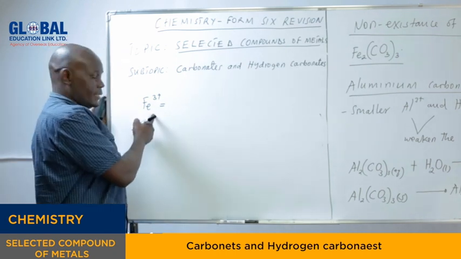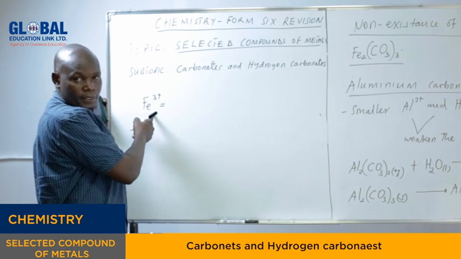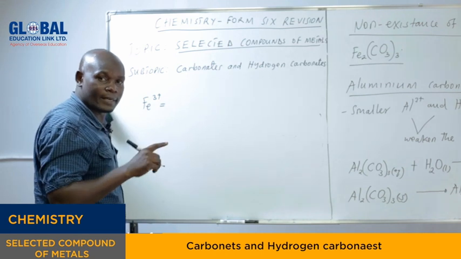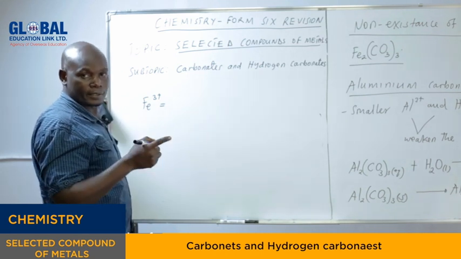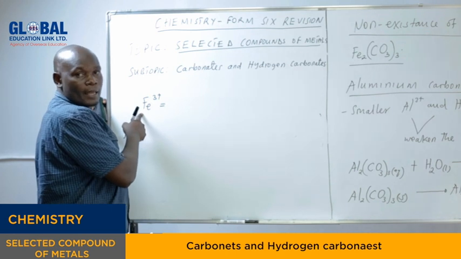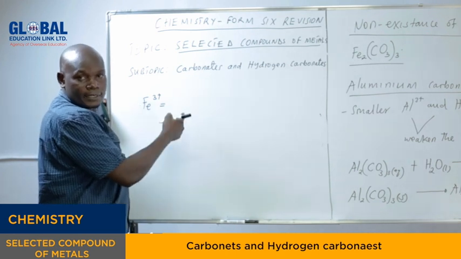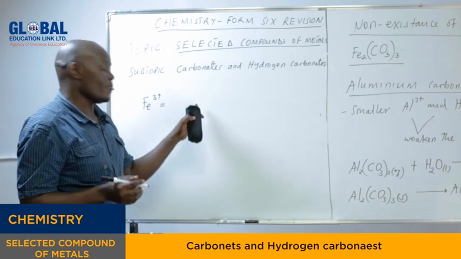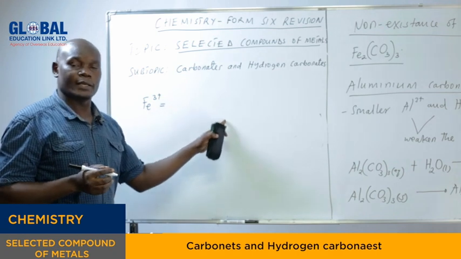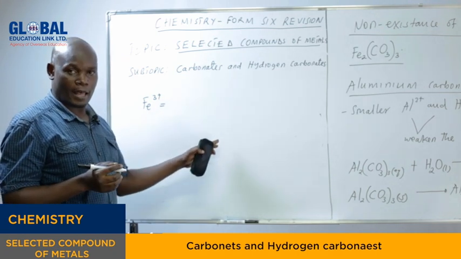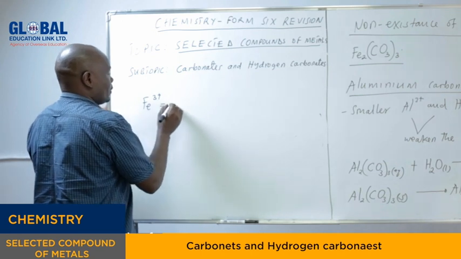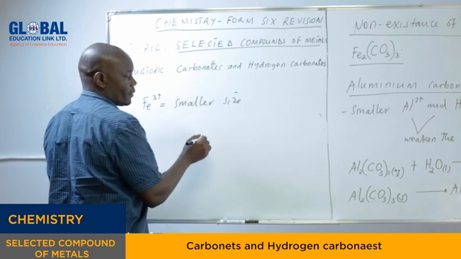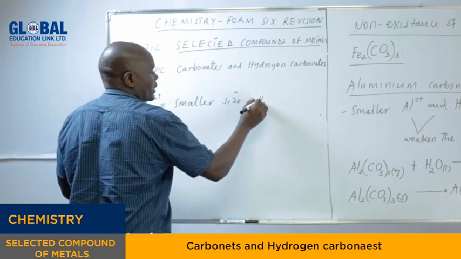So it gets easily exposed to water molecules and attacks the lone pair present on water molecules, whereby water molecules act as ligands and the iron acts as a central metal atom. The iron combines with the water molecules to form a complex compound, hexaaqua iron 3 ions. This is due to the smaller size and the high polarizing power.